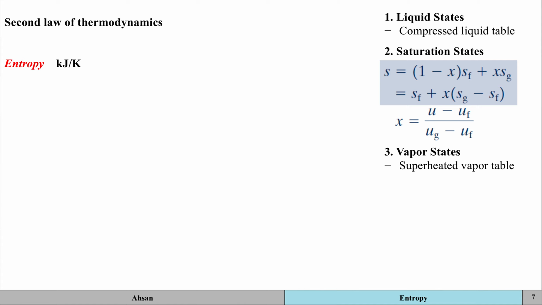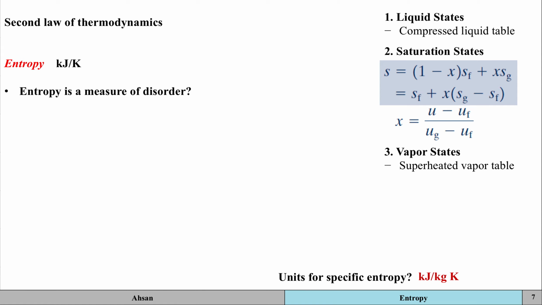And how do we usually define entropy? That it is a measure of disorder. But I feel that's not a good definition, because what does disorder mean? If you were looking at a glass of water and a glass that was full of ice, which one would you think is more disordered?